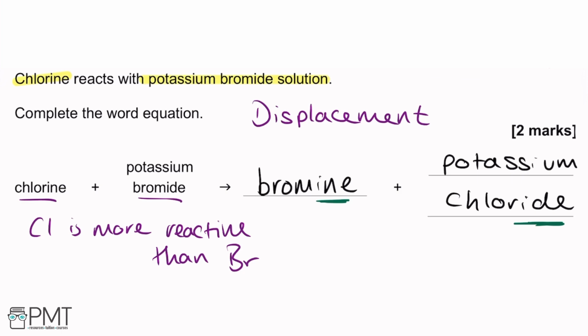The reason for that is this here will be like bromine gas, whereas this here is potassium chloride, in which case the chloride is representing the Cl- ion. So it was a 2 mark question. You got 1 mark for saying bromine and 1 mark for saying potassium chloride.